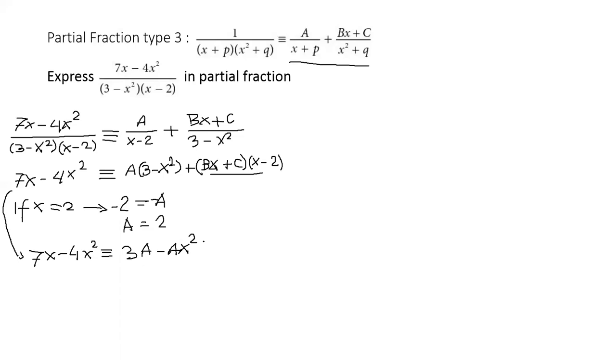Then bx times x is bx squared, bx times negative 2 is negative 2bx, c times x is cx, and c times negative 2 is negative 2c.